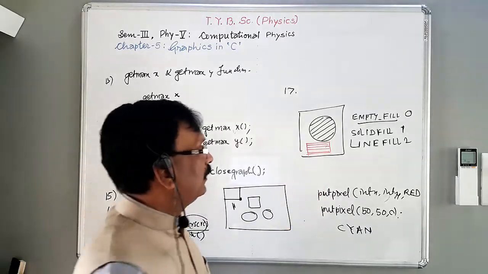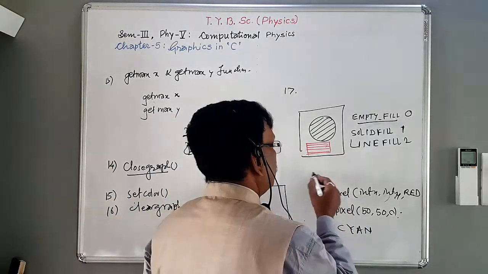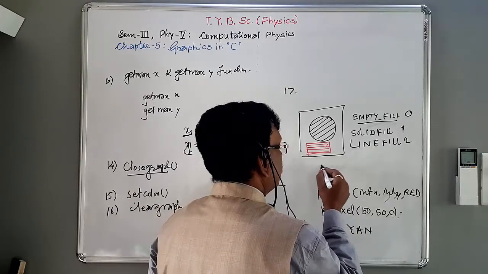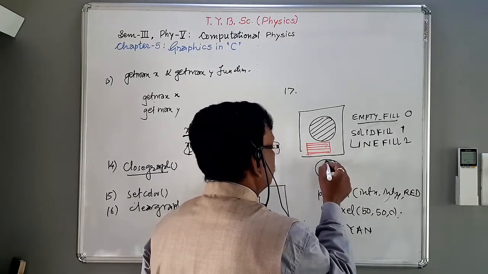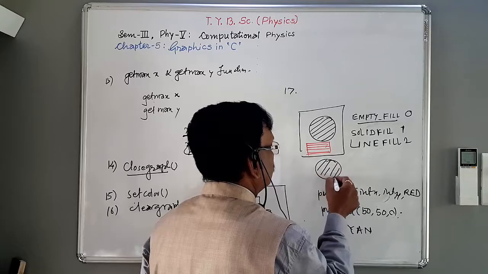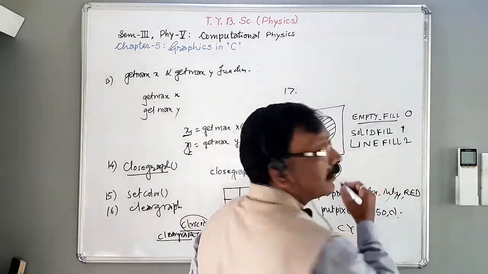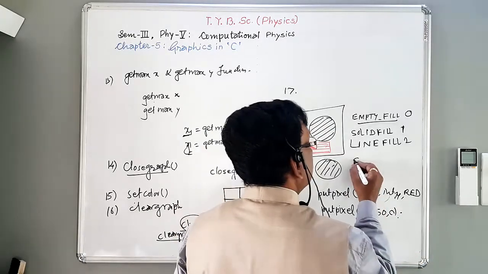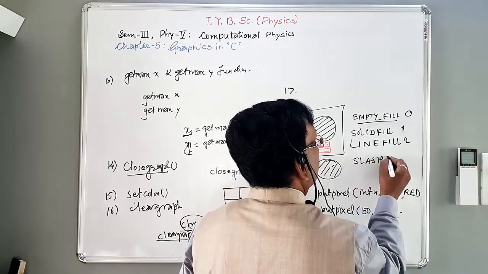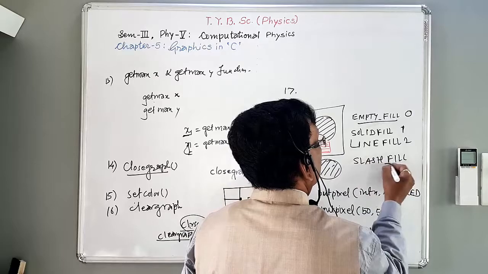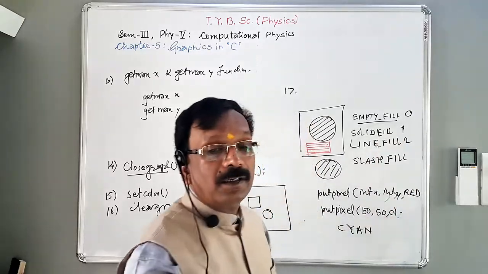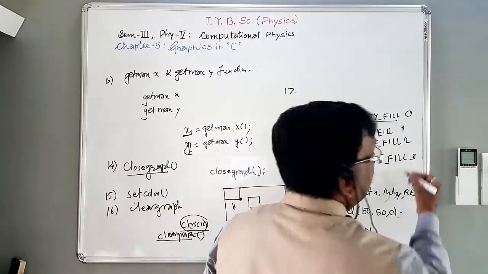Then slash fill, okay, slash fill like this, and the number given is 3.